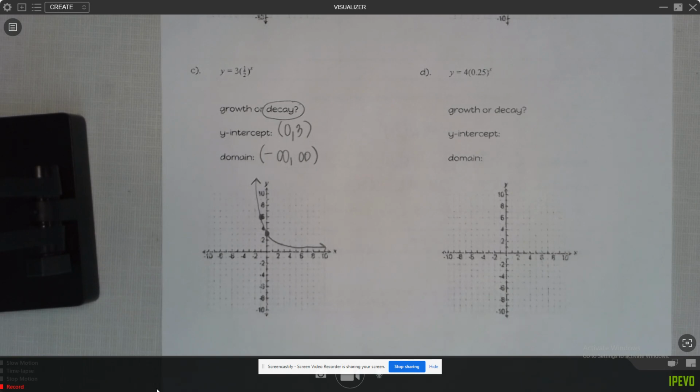That's all you need. You got it. Put this in: y equals 4 times 0.25. As you do the math, see where they intersect. You're okay. You just gotta do the math.